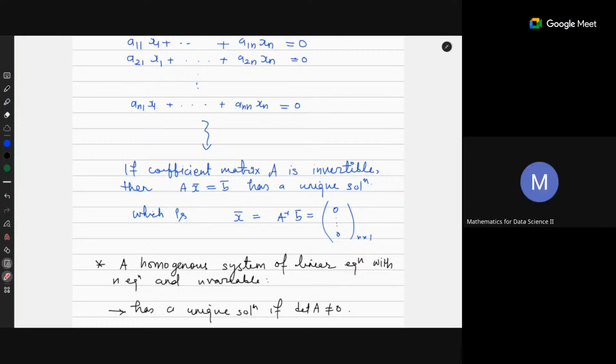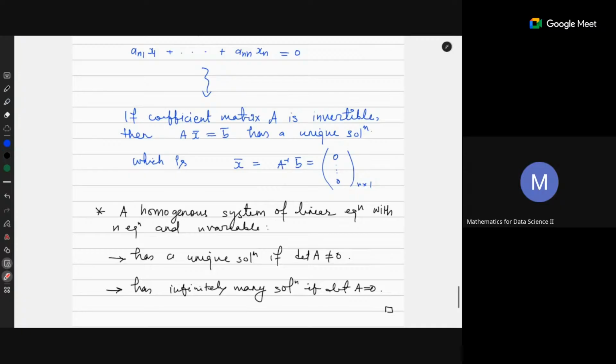No, it is not, because when you say homogeneous system of equation, it depends on the equation. Okay. So if your lines are passing through origin, then it means that it has infinitely many solutions.